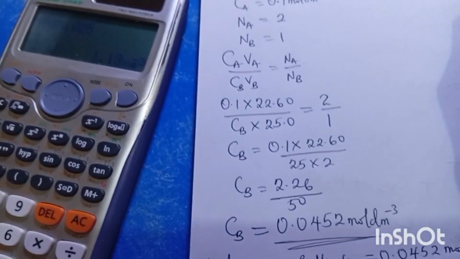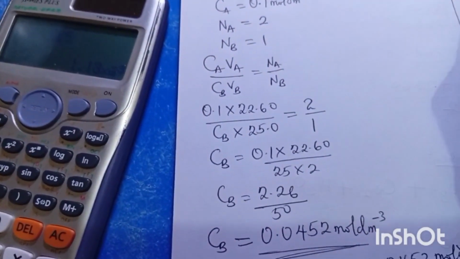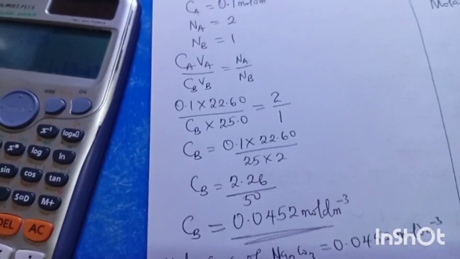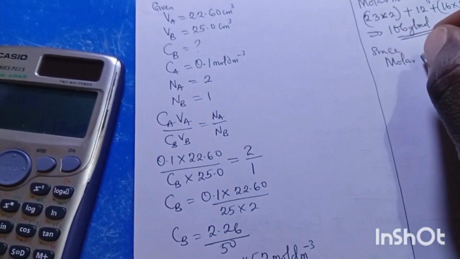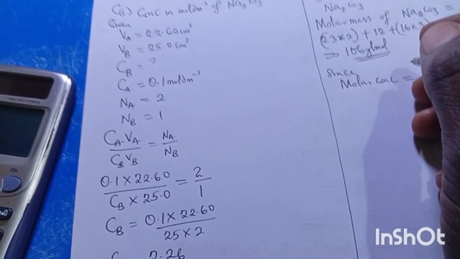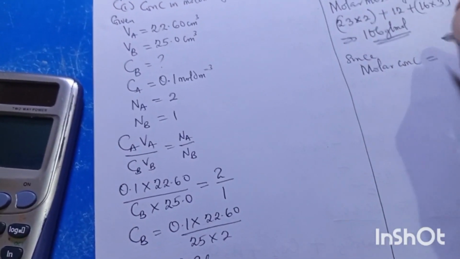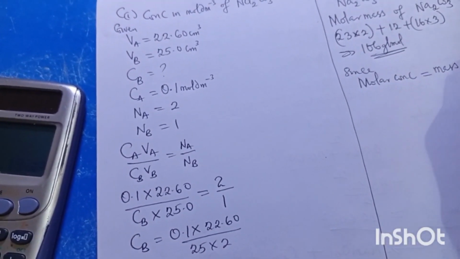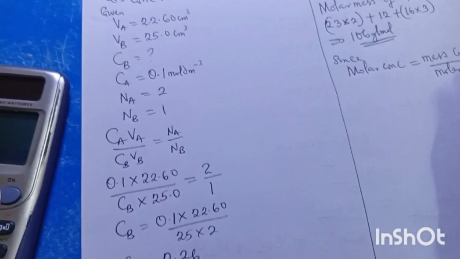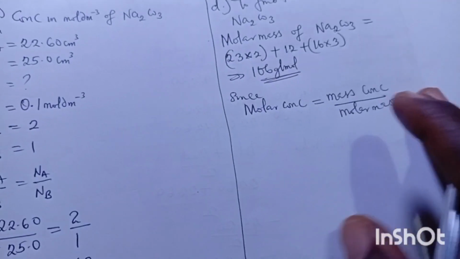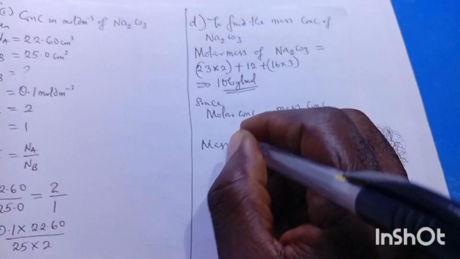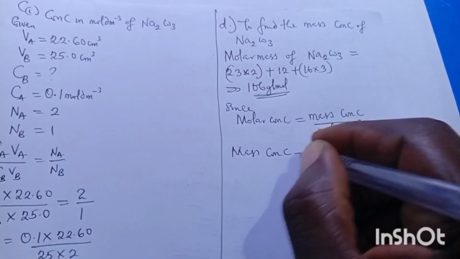So in that sense, since molar concentration is equal to mass concentration over molar mass, mass concentration becomes molar concentration times molar mass.